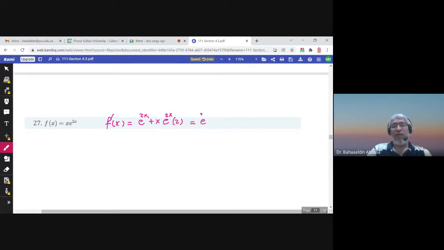Let me take e to the power 2x as a common factor. I have 1 plus 2x. When I put it equal to 0, e to the power 2x cannot be 0. So the only solution is 2x plus 1 is 0. So 2x is negative 1, or x is negative half.